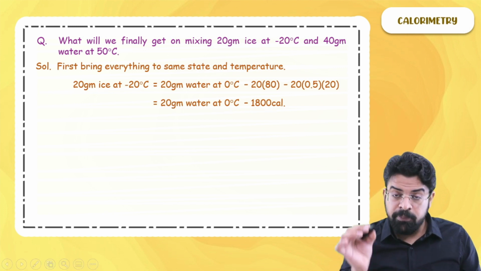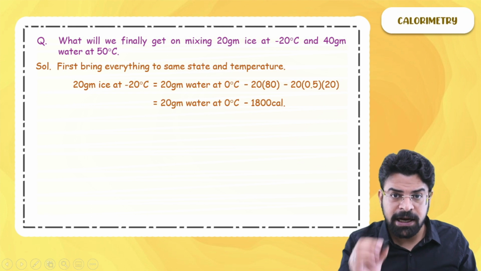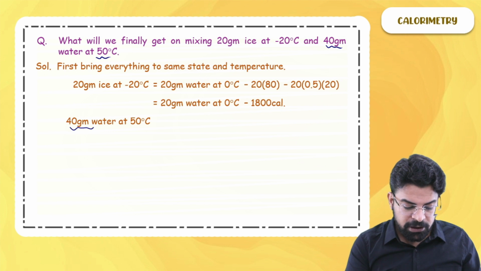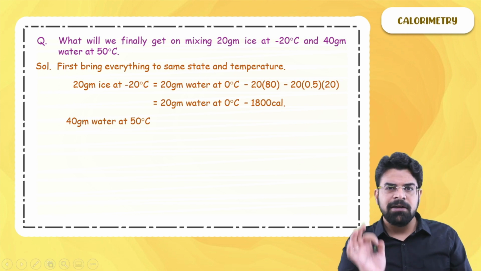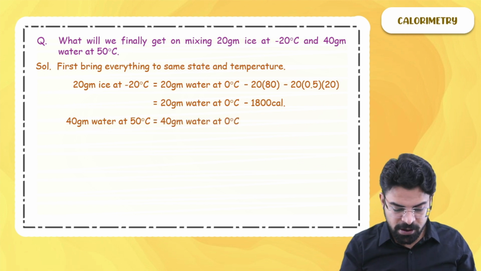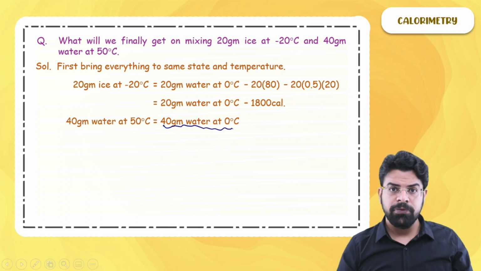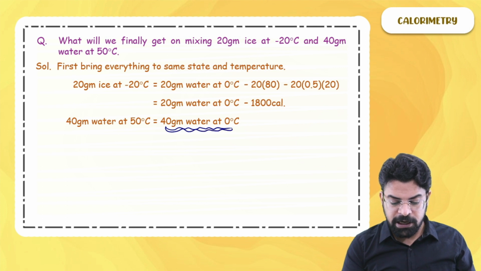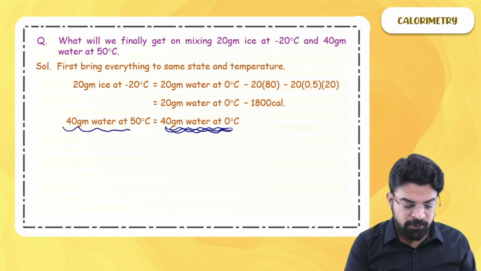Now, bring the second one also to the same state and temperature. Having 40 gram of water at 50 degrees centigrade is as good as having 40 gram of water at 0, from which you provide heat to get 40 gram of water at 50.